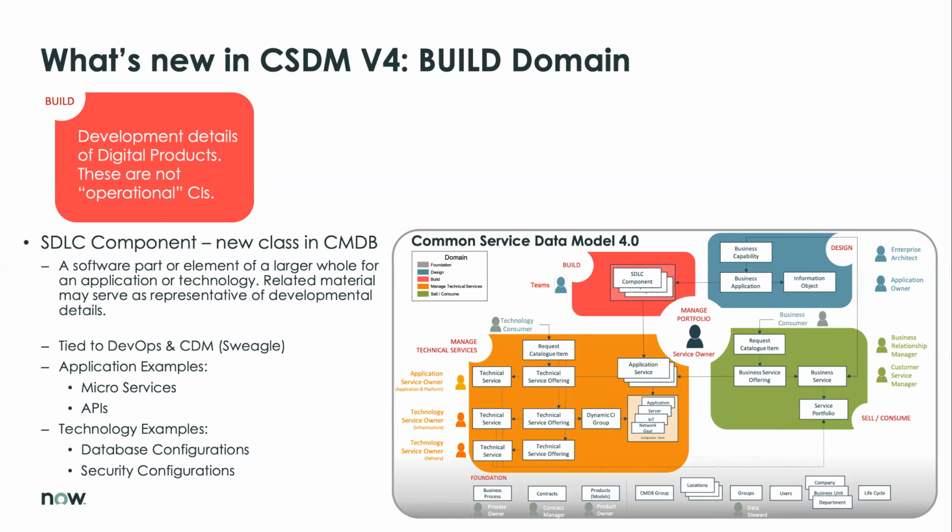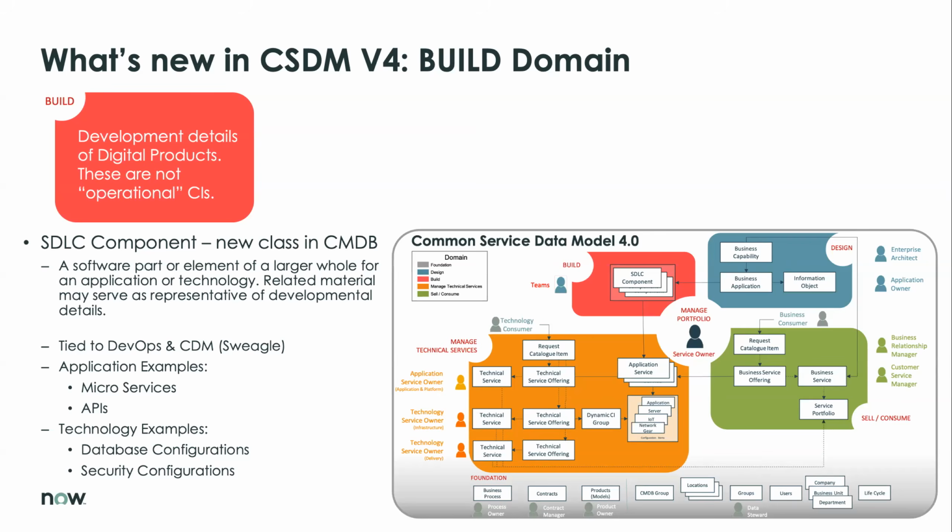As they are released, each of those components has its own application service. I know a while ago we had the question of what do we do about microservices? And we said, well, they are their own application services, and collectively they report up to whatever business application they function for. Well, now we've got the SDLC component to give the details of the fact that it's broken up into these pieces and parts.